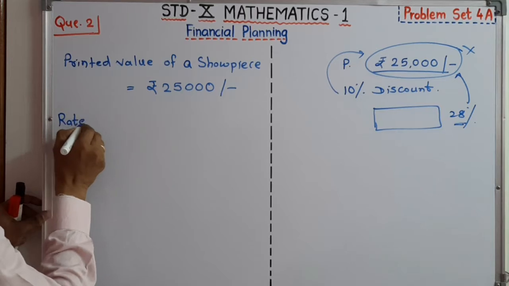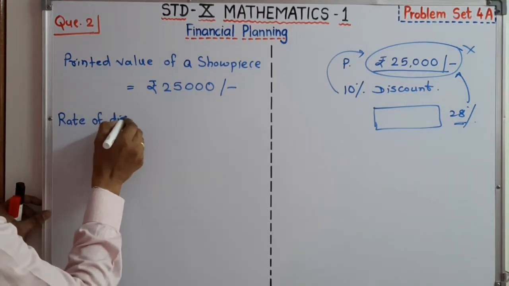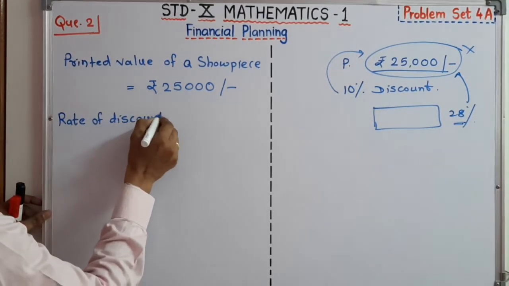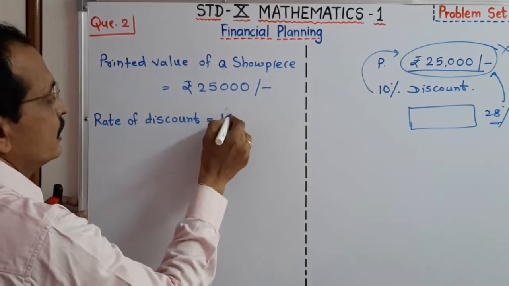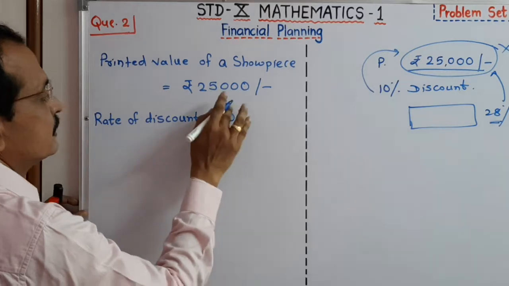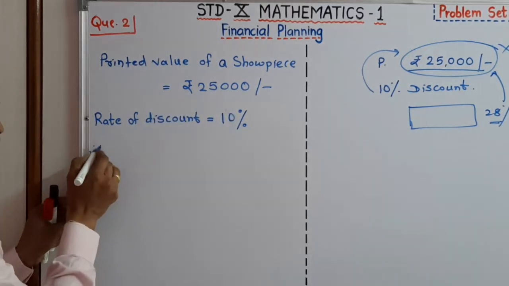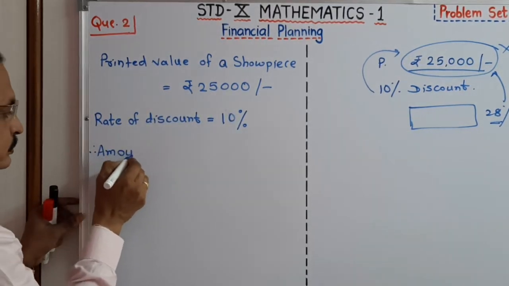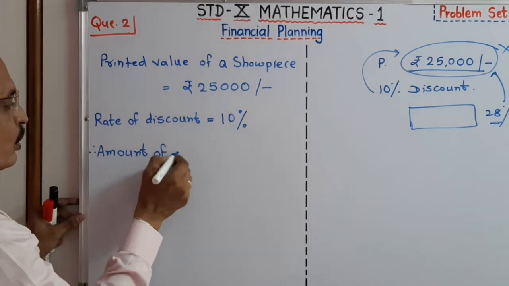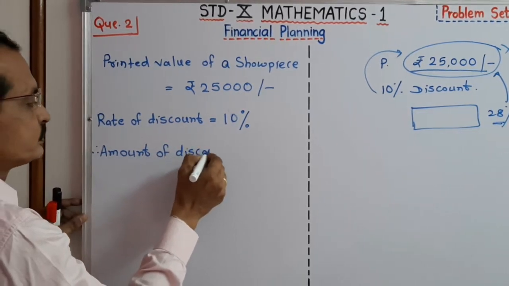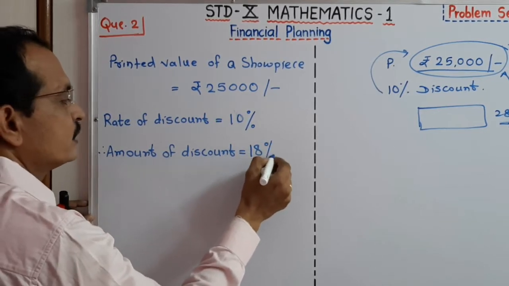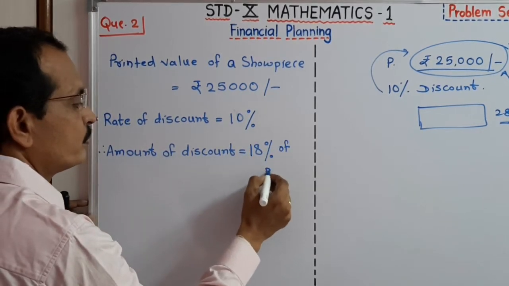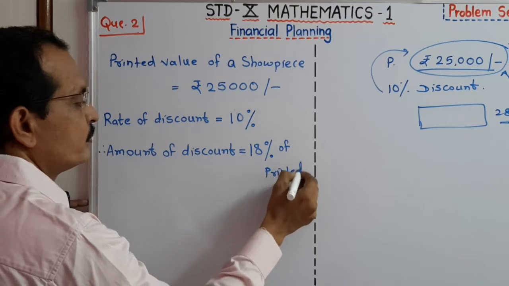Rate of discount is equal to how much? 10%. Therefore, amount of discount is equal to 10% of printed value.